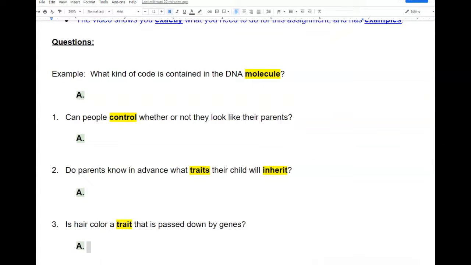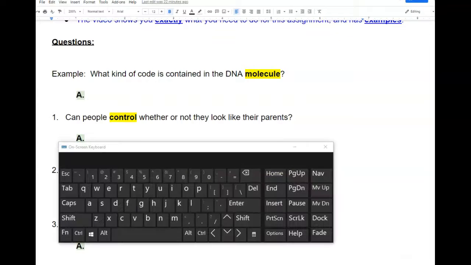All right, so let's try one together. To answer a question, you should put your cursor, this thing here is called a cursor, to the right side of letter A for answer, and just put it to the right side, and then you just start typing your answer.